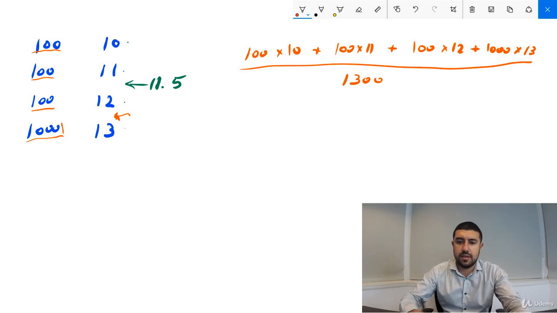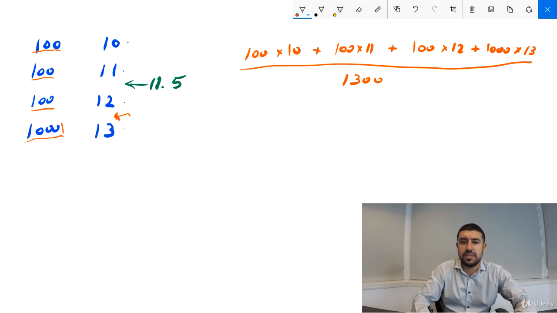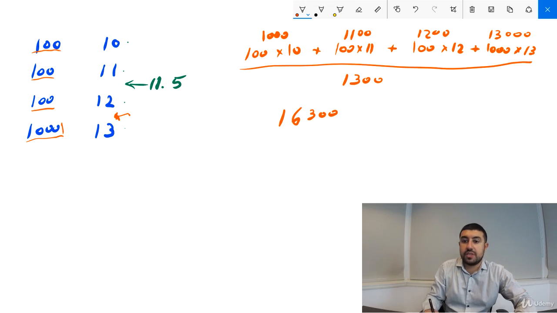Which should give you somewhere in around here. Let's say I don't want to calculate, but let's see how much this is. 1,000, 1,100, 1,200, 1,300 and so on, so that'll give you around 16,300. Excuse me if I make a mistake.